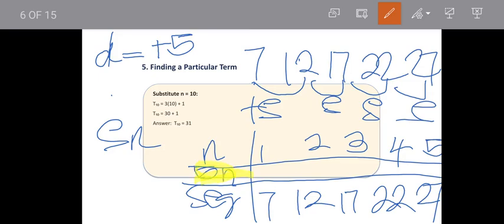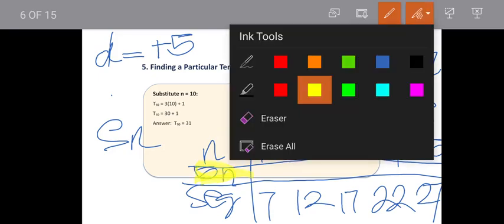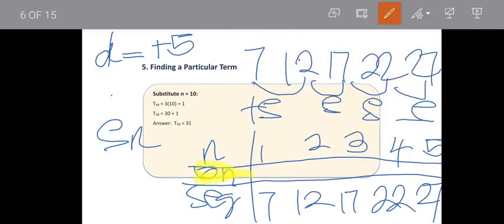You're just going to multiply because we know that n is 1. So what about 5n? It will be 5 times 1. Here it will be 5 times 2. 5 times 3. 5 times 4. 5 times 5. So as you can see, if you were to look at what we have right here, it went from 5 to 10, from 10 to 15, from 15 to 20, from 20 to 25.